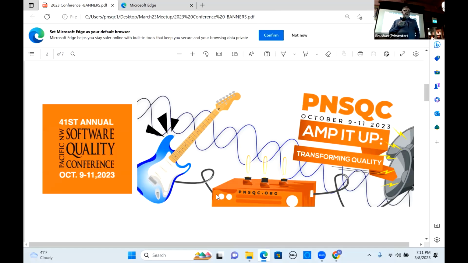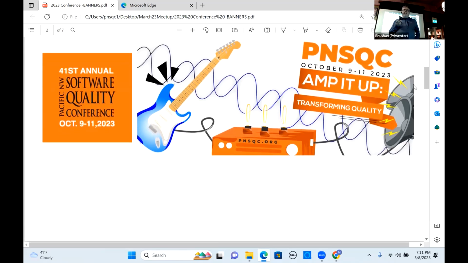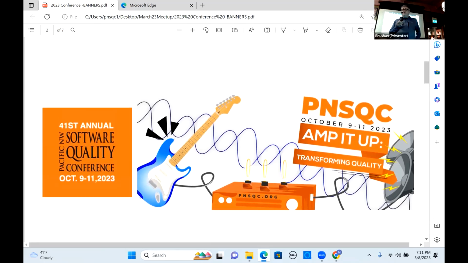If you have a couple different ideas and you want to frame them differently, you can submit them to the pnsqc.org website. Then we have a review committee that will go through and assess the papers in terms of what fits in the program and what will be diverse for conference attendees. You'll be notified around the 1st of May whether your paper is accepted.